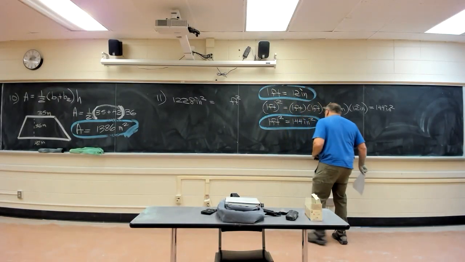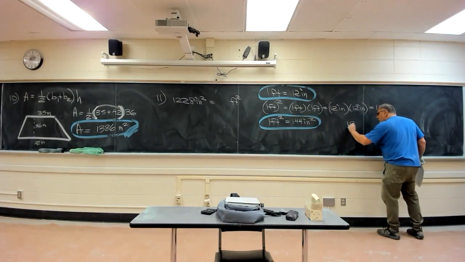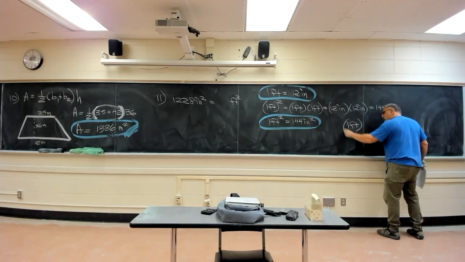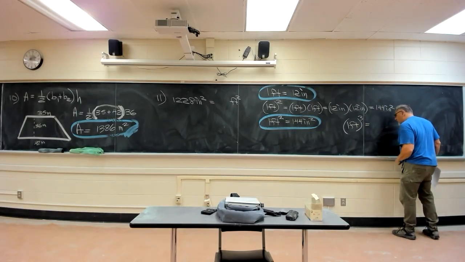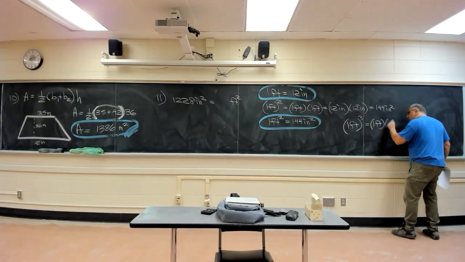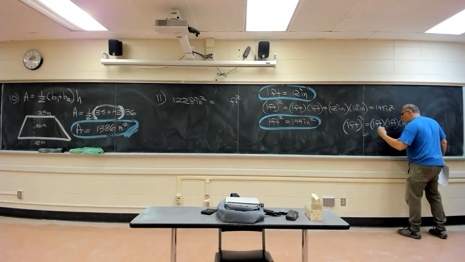Let's keep talking. If you were to take 1 cubic foot, 1 foot cubed, that's not 12 inches cubed, just like it wasn't 12 square inches. It was 12 by 12, 144 square inches. This is 1 foot by 1 foot by 1 foot. That's certainly not 12 cubic inches.